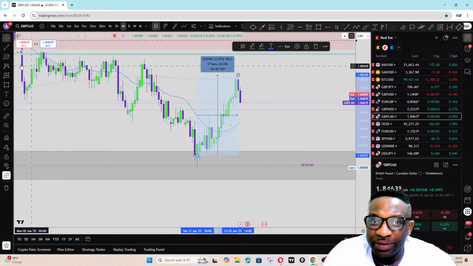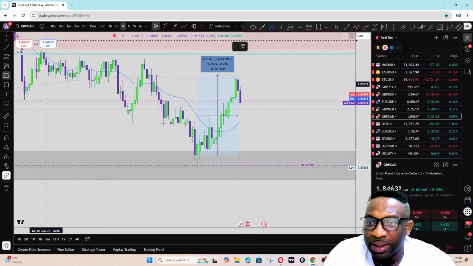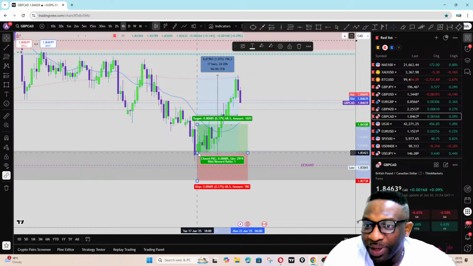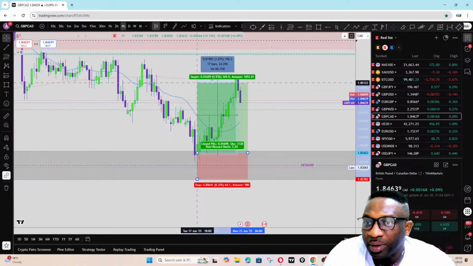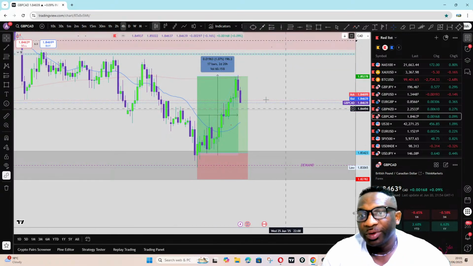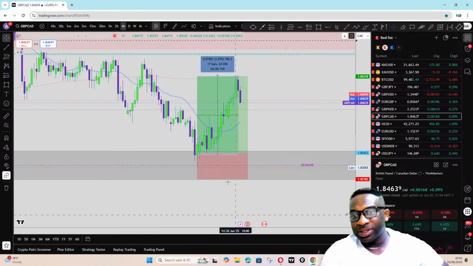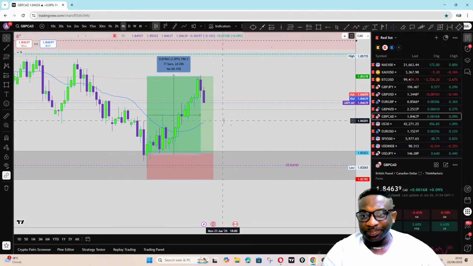If you're able to mark your charts and take a trade from here, your stop loss below here, targeting this previous high or where price is now, you still would have caught this movement, this 196 pips.